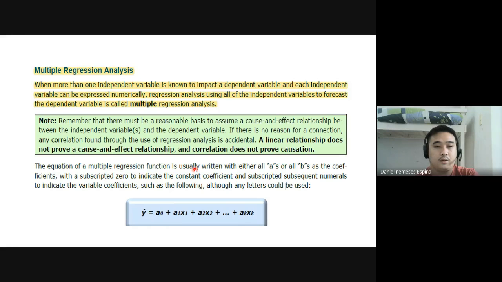Okay? So, unsay formula sa multiple regression? So, kung pila na siya ka independent variable, inana pud kadaghan ang A1 ang AX. Okay?